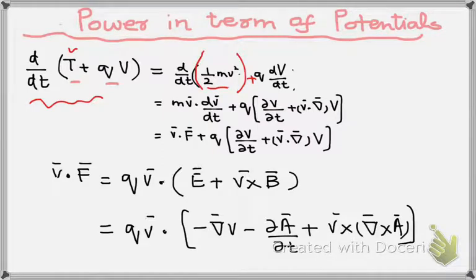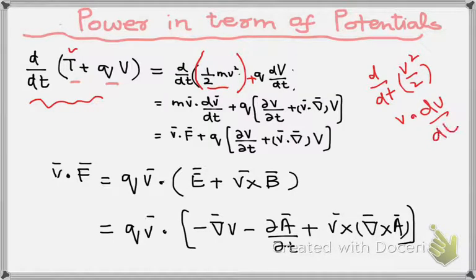Now we know that v dot del dv over dt equal to half into dv square over dt, which equals v dot dv over dt, and this potential is written in terms of the convective derivative of potential.